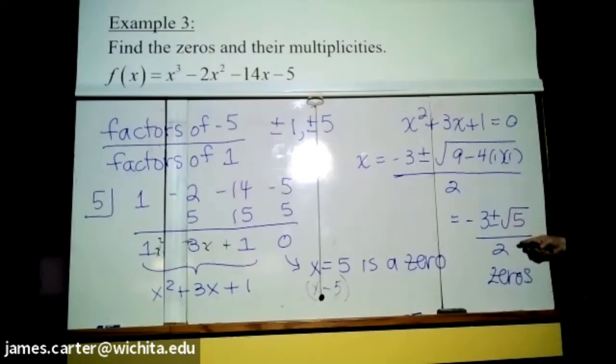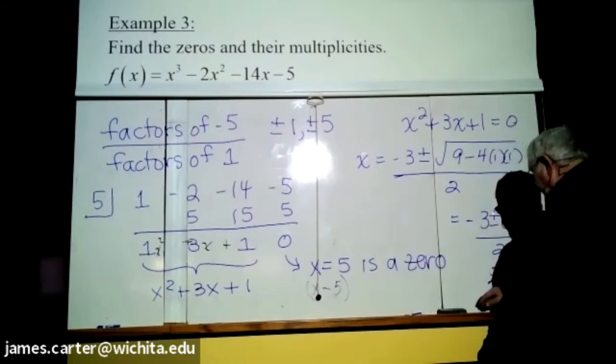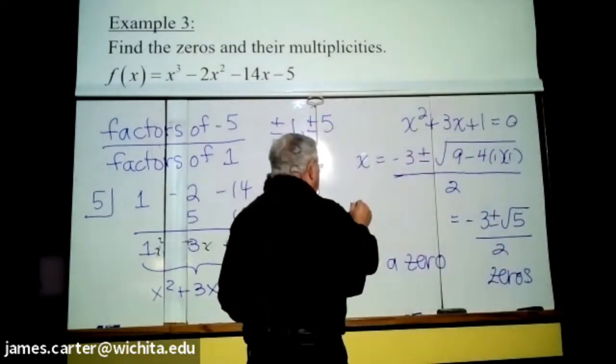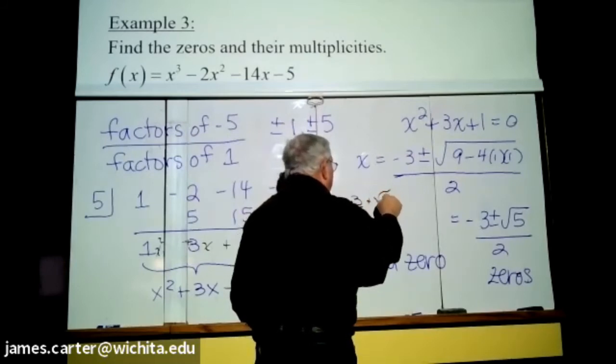Now, you could simplify this a little bit. Okay? The way you could simplify this is you could change that into negative 3 halves plus square root of 5 over 2.